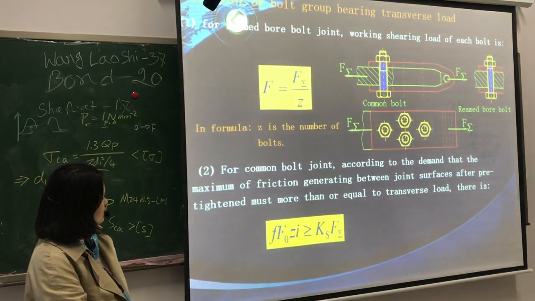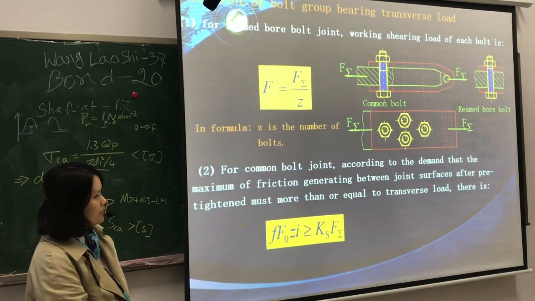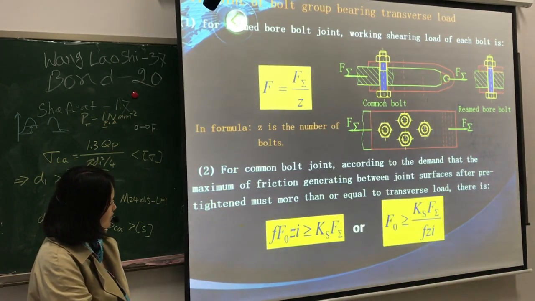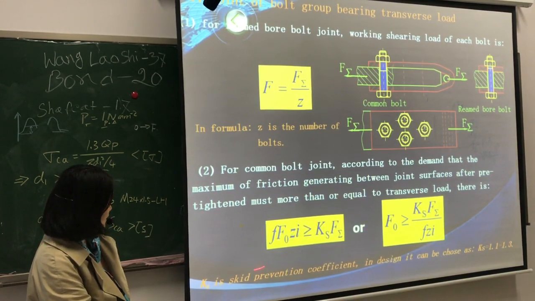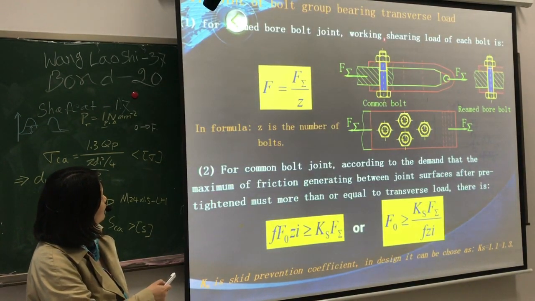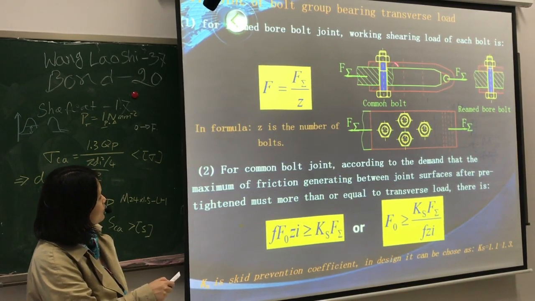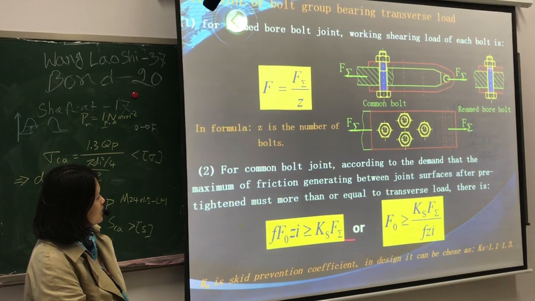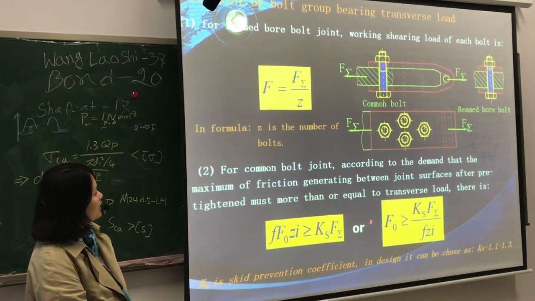Z is the number of bolts, and we can calculate Ks, the slip prevention coefficient, and Ks is 1.1 to 1.3. And under bearing transverse load, this is for the reamed bolt joint, and this is for the ordinary bolt joint.